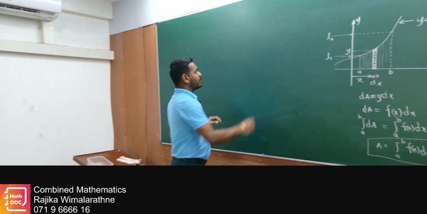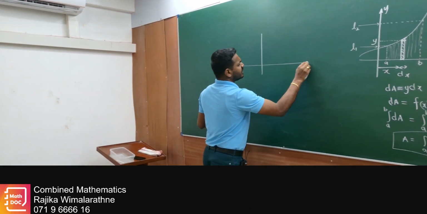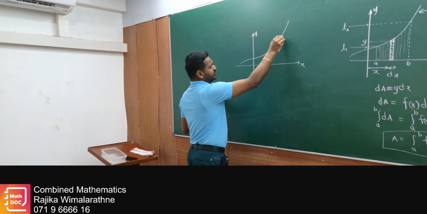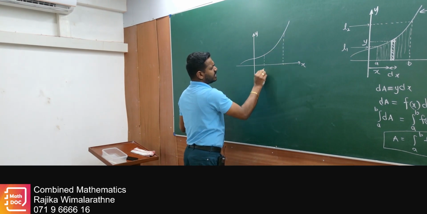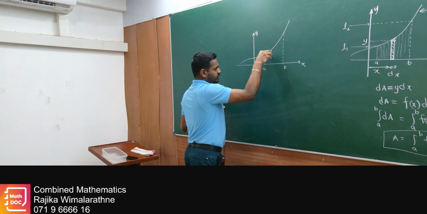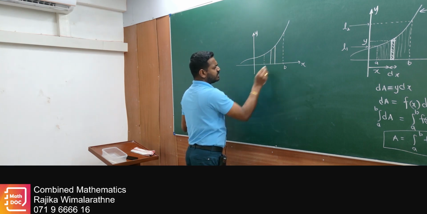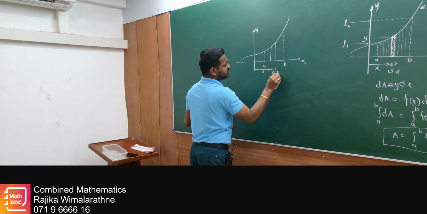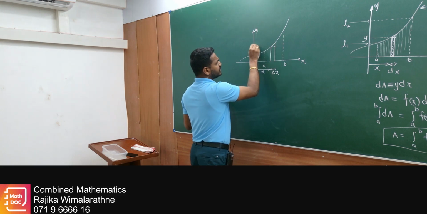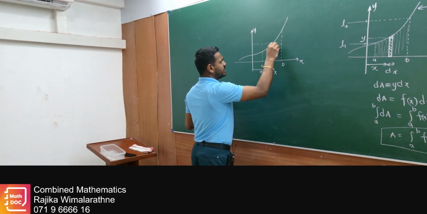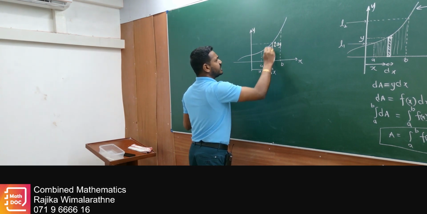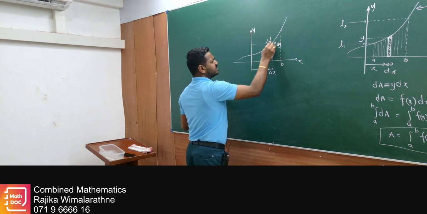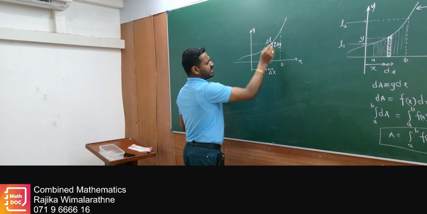Consider the x-axis and y-axis and the region AB. Take this tiny part delta x, with the corresponding increment delta y, and consider the slant part delta L. Consider this triangle.